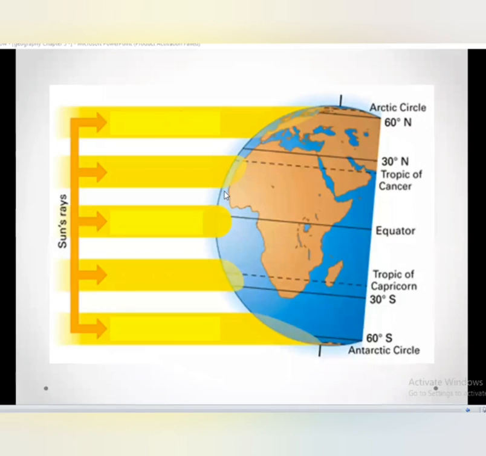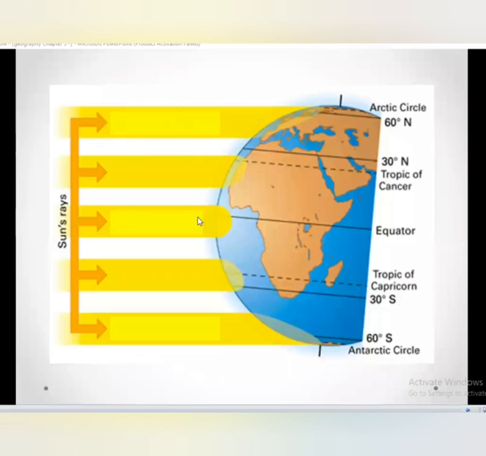Let's now understand what effect it has on Earth. The perpendicular rays occupy less area and receive bright sunshine and greater heat.